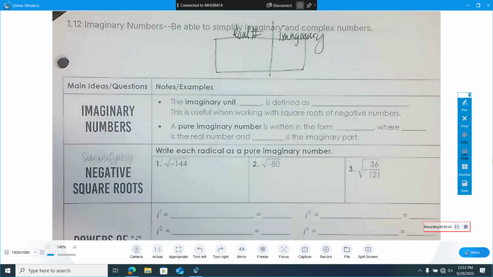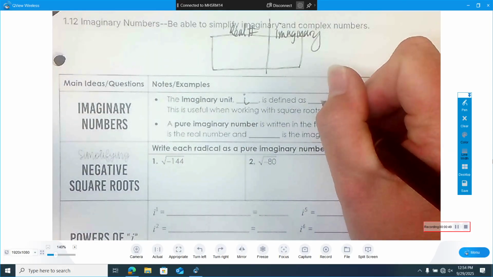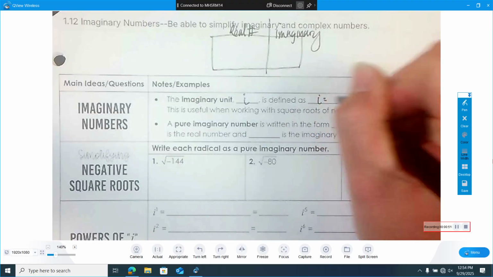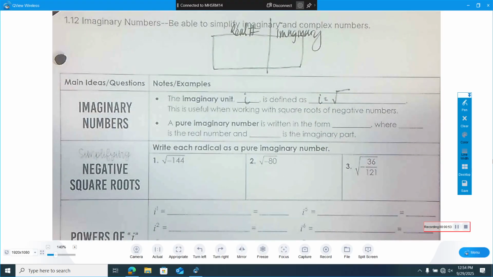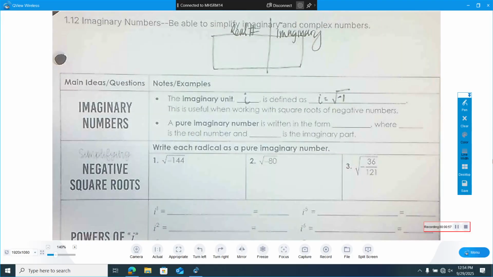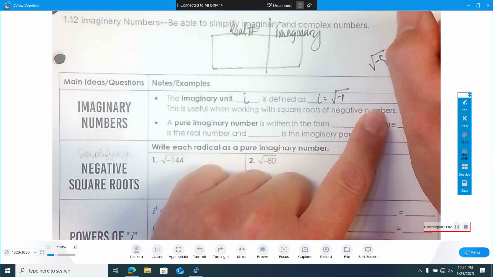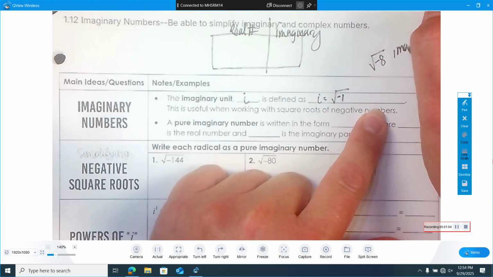First, the imaginary unit, i, is defined as i equals the square root of -1. So we can't take the square root of negative numbers, like we can't take the square root of -8. It's imaginary.